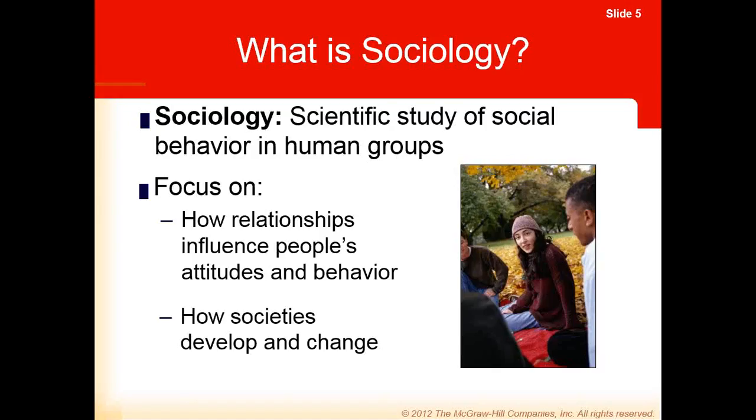One could be thought of as the micro level of sociology: how do individuals' attitudes and behaviors get shaped through interaction? The other might be thought of as a macro level sociological approach: how societies develop and change, where you're looking at all of a society and focusing on the big picture. The other is very much micro level, focusing deep on the individual.